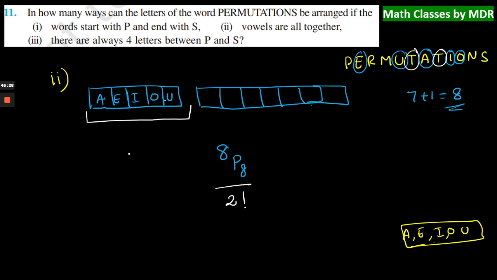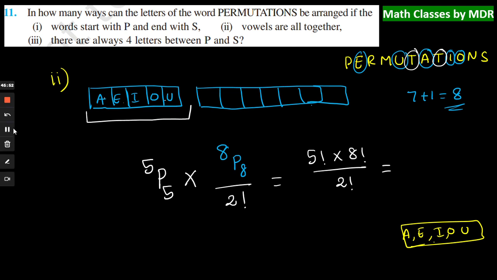How many arrangements can be done here? 5P5, out of 5 letters. So 5P5 into 8P8 by 2 factorial. This is nothing but 5 factorial into 8 factorial by 2 factorial. These many words we can get when all the vowels are together. On simplifying this, you will get this number. Now let us see the third question.